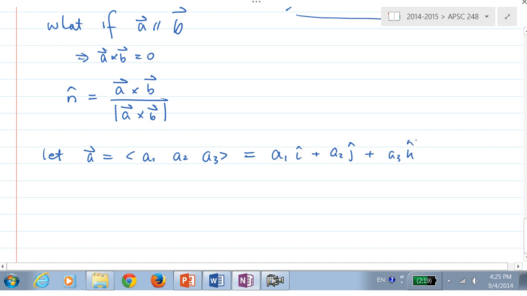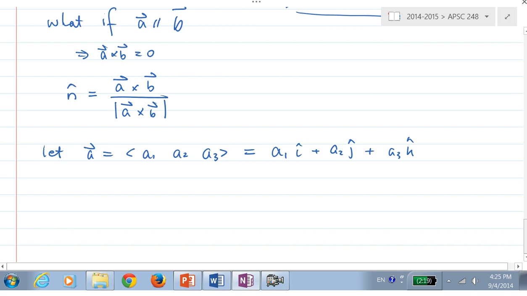This is something you will see in the lecture notes or in my writing to indicate a vector. So what are i hat, j hat, k hat? They are the unit vectors for the x, y, and z axes. And B equals B1, B2, and B3.